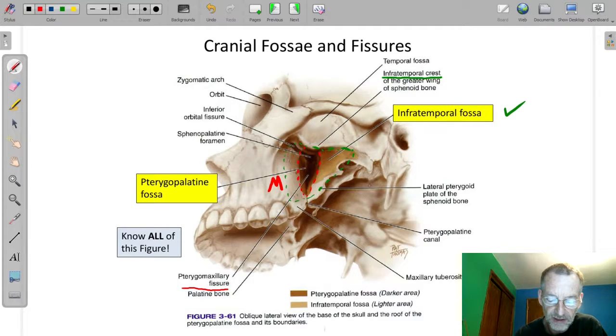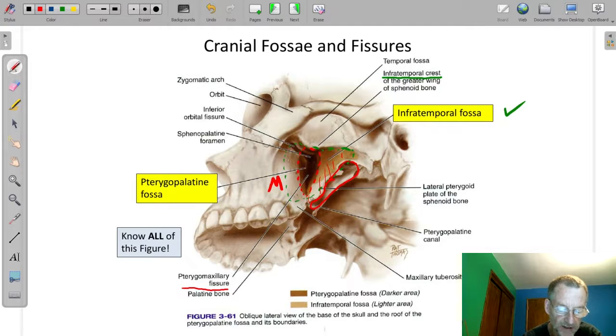They're a feature of the sphenoid bone, and there's a fossa between them. Those are the pterygoid processes of the sphenoid bone. They just descend down, and all of this is part of that pterygoid process. So the fissure is between the pterygoid process on the right and the maxilla on the left.